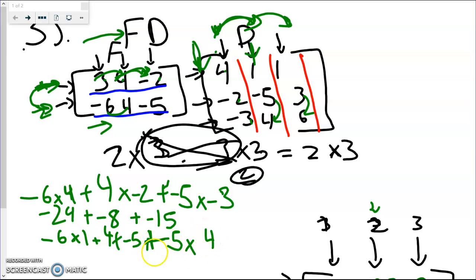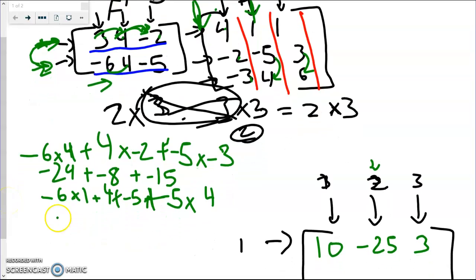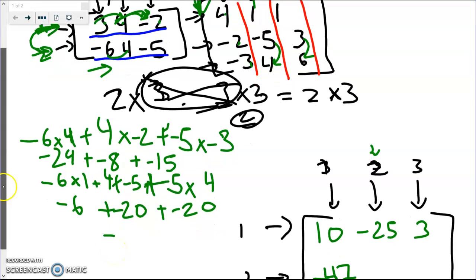This is an addition sign here. Apologize for my sloppy handwriting here. Simplify out, you get yourself a negative 6. 4 times a negative 5 is a negative 20. And then negative 5 times 4 is also a negative 20 as well. So it's going to be basically a negative 46, all right?